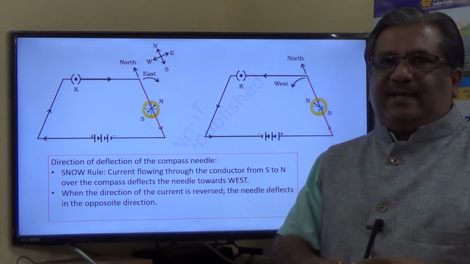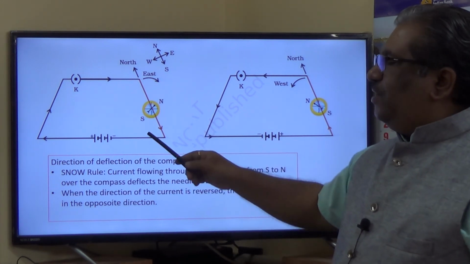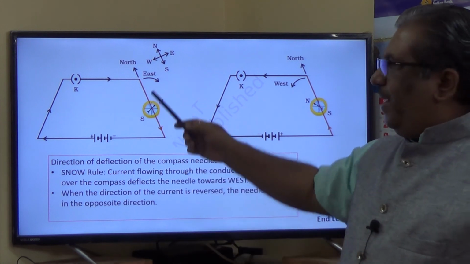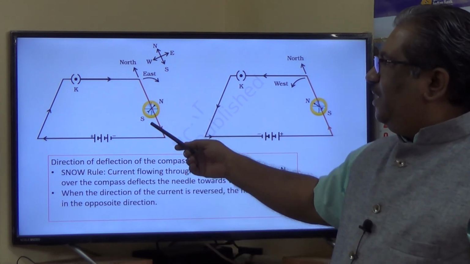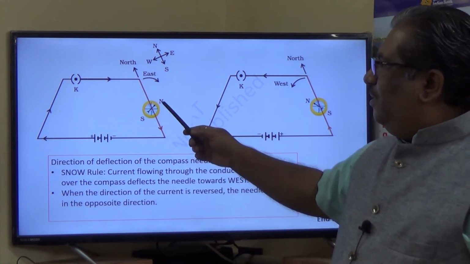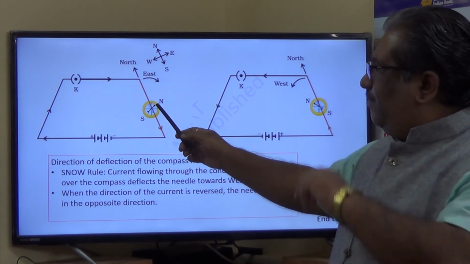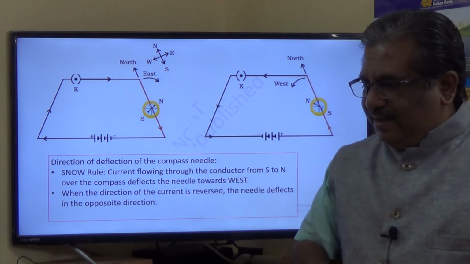So the deflection also depends upon the magnitude of the current that flows. The more the magnitude, the more powerful a magnet the wire becomes, and more force is experienced by the compass needle, and the deflection is almost 90 degrees.